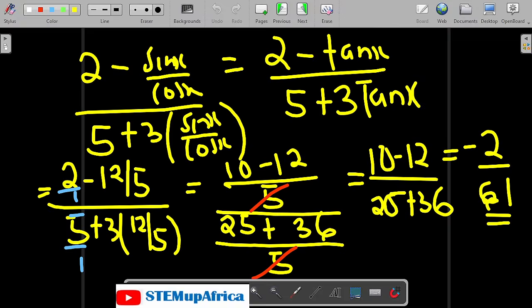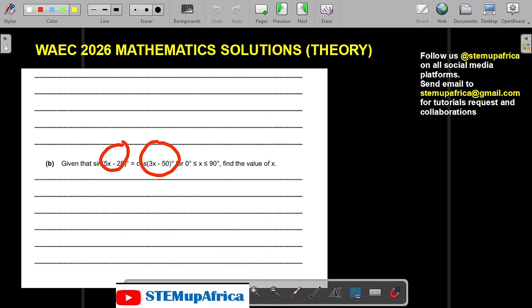So let's look at question B. Question B says, given that sin of 5x minus 28 equals cos of 3x minus 50, for 0 degrees less than or equal to x, less than or equal to 90, find the value of x.